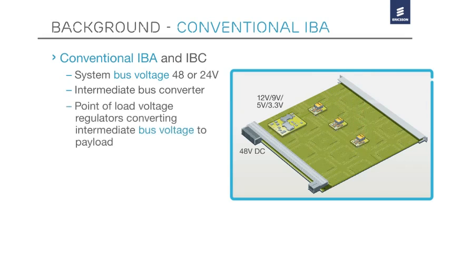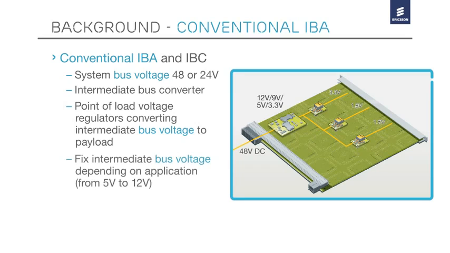point-of-load. Intermediate bus voltage varies from application to application and is defined by designers to reduce distribution power losses in copper traces and interfaces, but also to reduce power losses at point-of-load level when stepping down intermediate bus voltage to payload requirements.